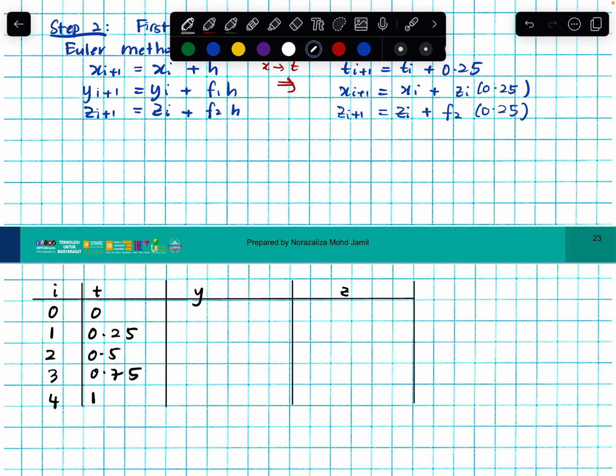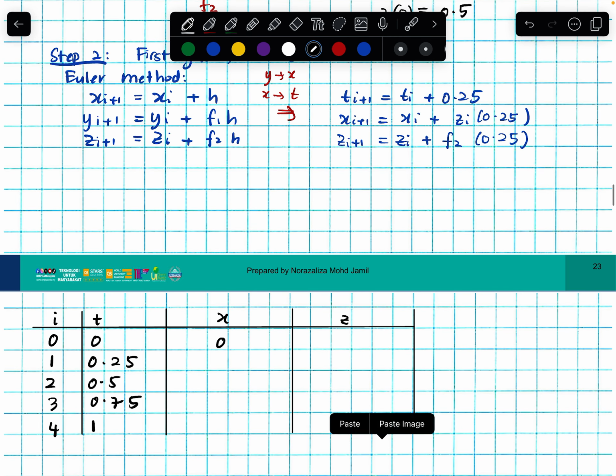Okay, then what is the first value of y? It's no longer y, it should be x. What is the first value of x? From the given information, it is 0, and the first value of z is our guess, 0.5. So you have to perform the Euler method by referring to this formula.